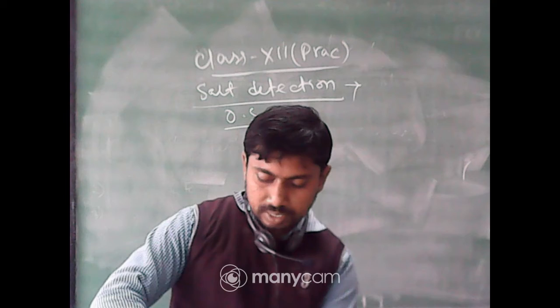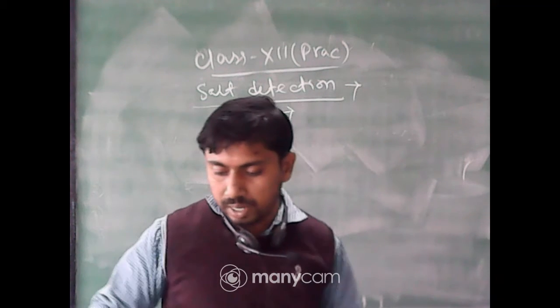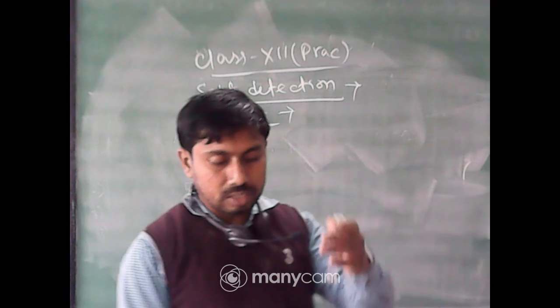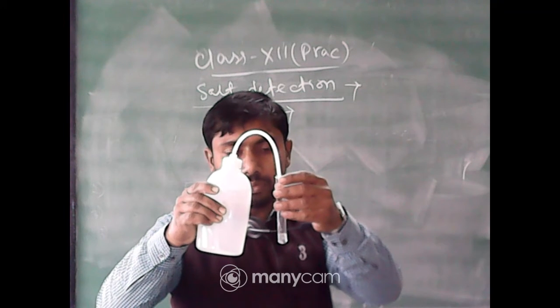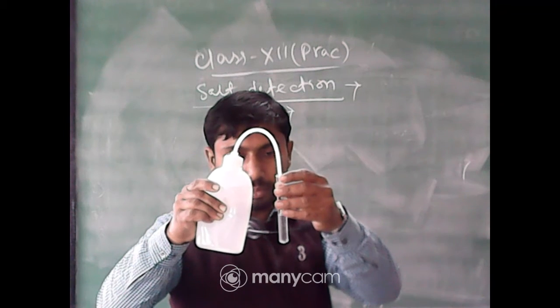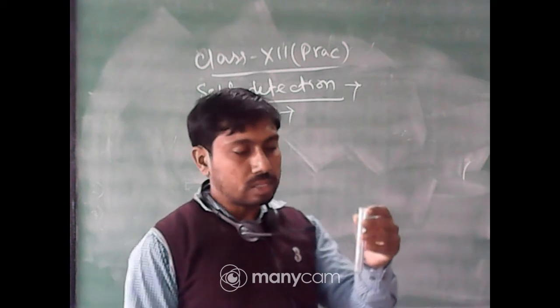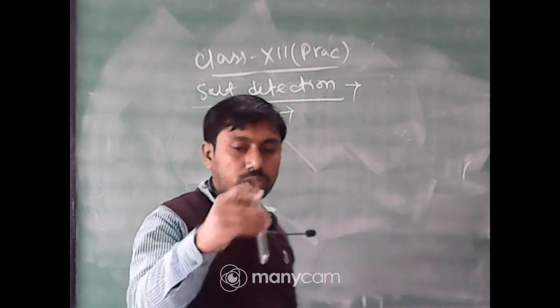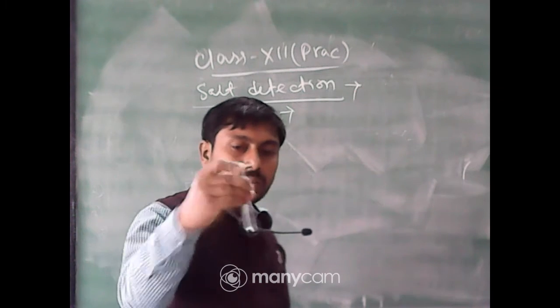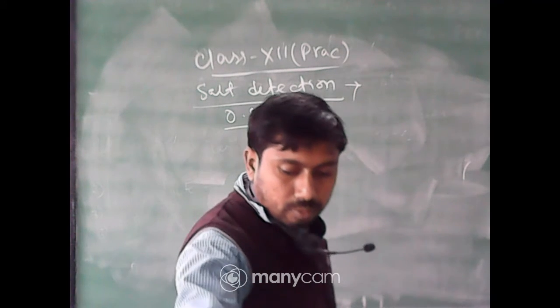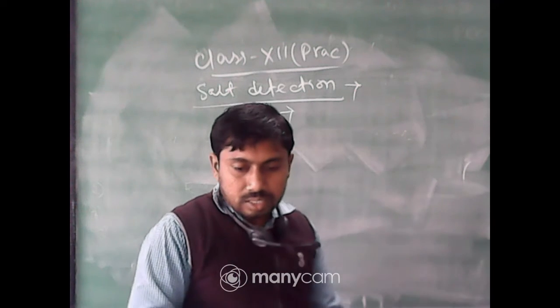This is the original sample taken. Now add distilled water to make it half of the test tube. This is the OS. Now shake it well so that it makes a homogeneous solution. Keep it reserved for the further tests.